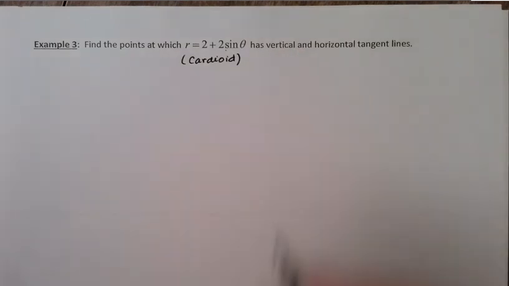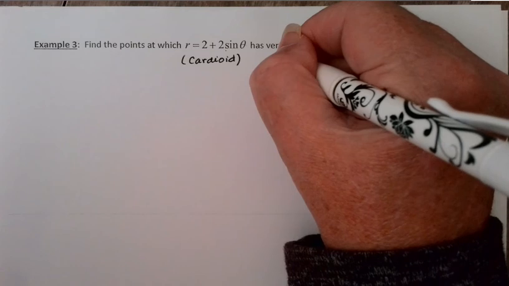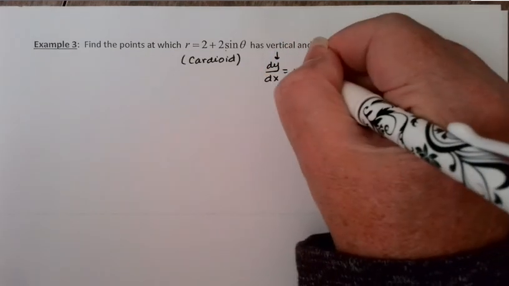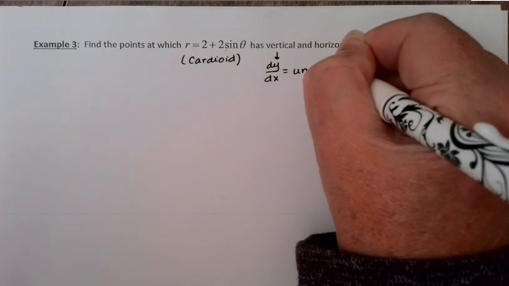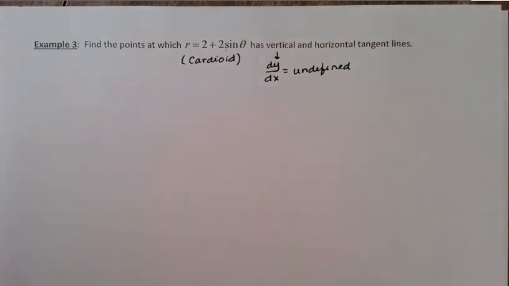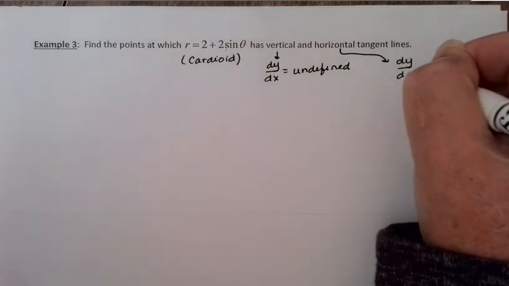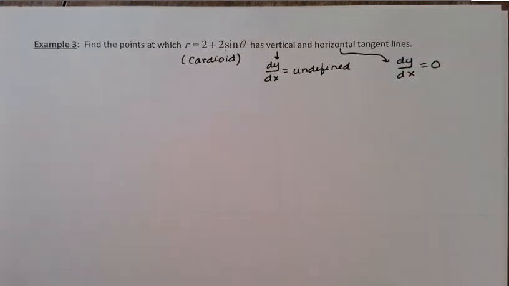For vertical, the slope or derivative is going to be undefined. Vertical lines have an undefined slope. And for horizontal, the slope or derivative is going to have to equal 0.